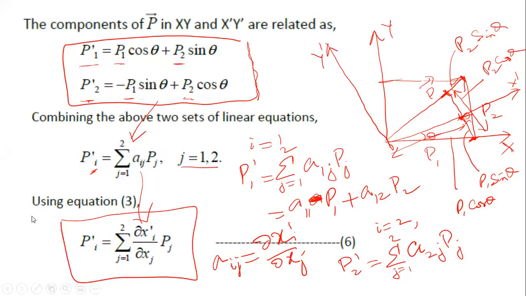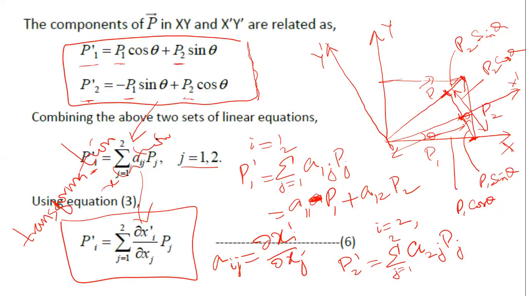This is called the transformation relation between the components of velocity in primed and unprimed coordinates.